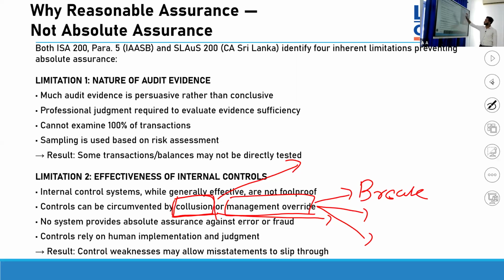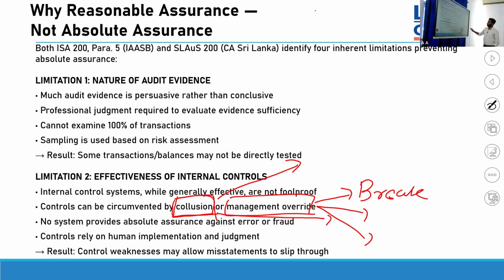Okay. What about the others? Lakshani, Hansa, and Manas? Yes, clear. Okay.